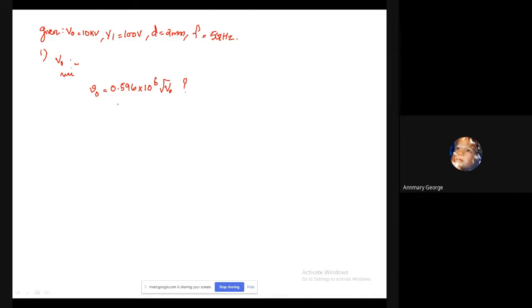Use your calculators. v0 is 0.596 into 10 raised to 6 root of 10 into 10 raised to 3. That is 59.6 into 10 raised to 6. Have you got the answer of v0? Please respond in your chat.